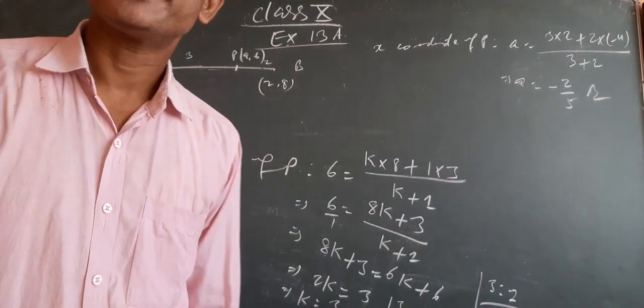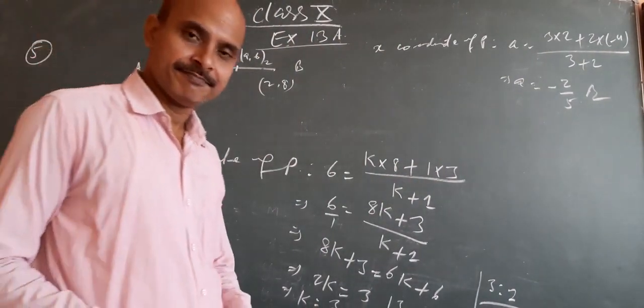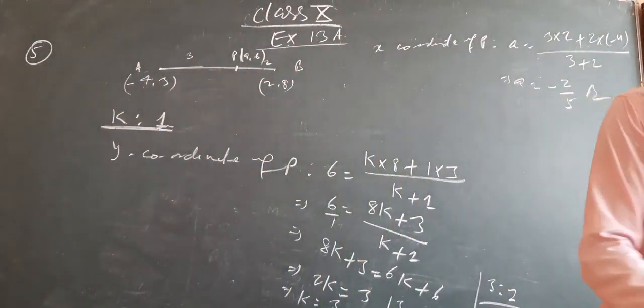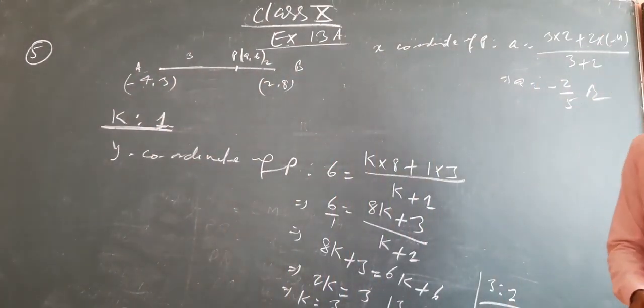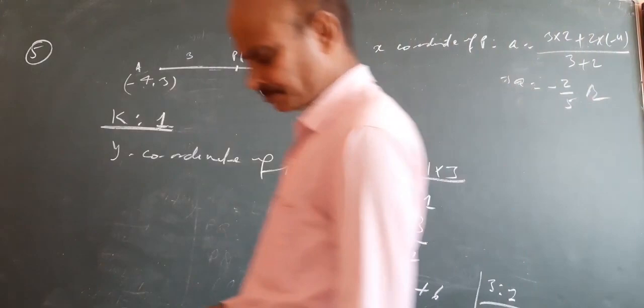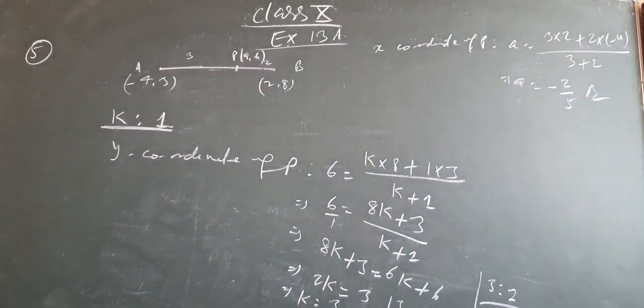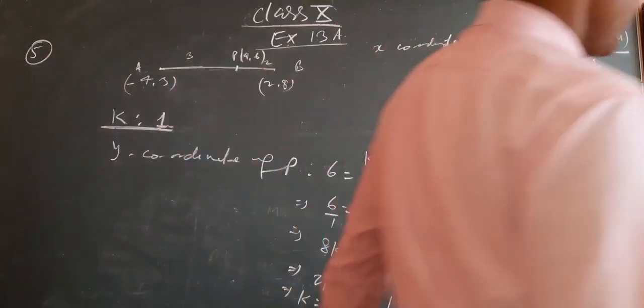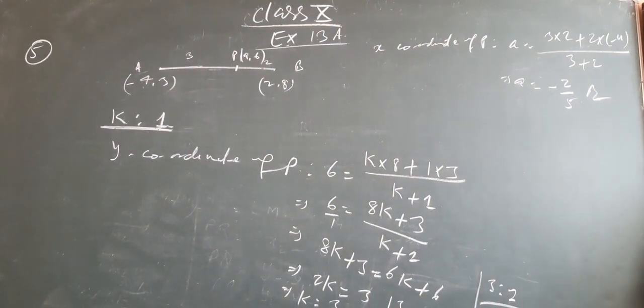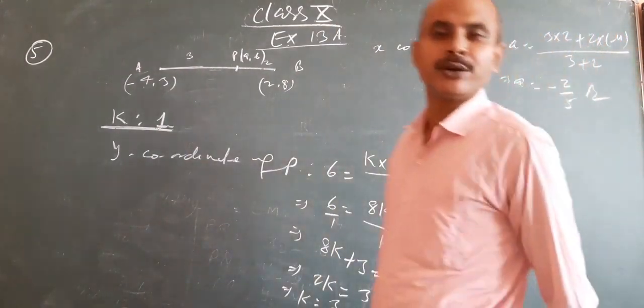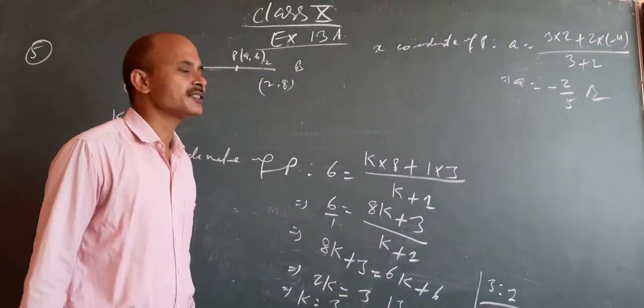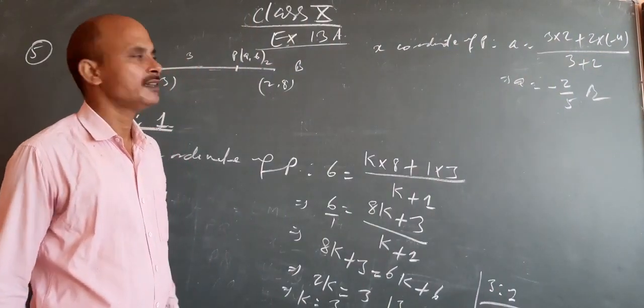One more question we will see, that is question number 13. See the figure. A is on the x-axis. Point A is on the x-axis and B is on y-axis.